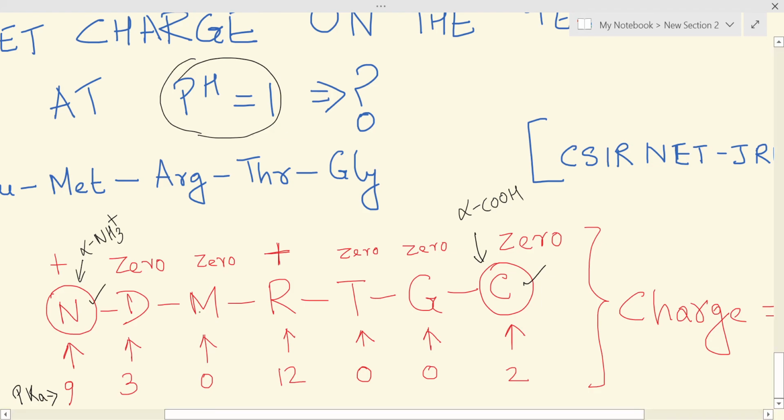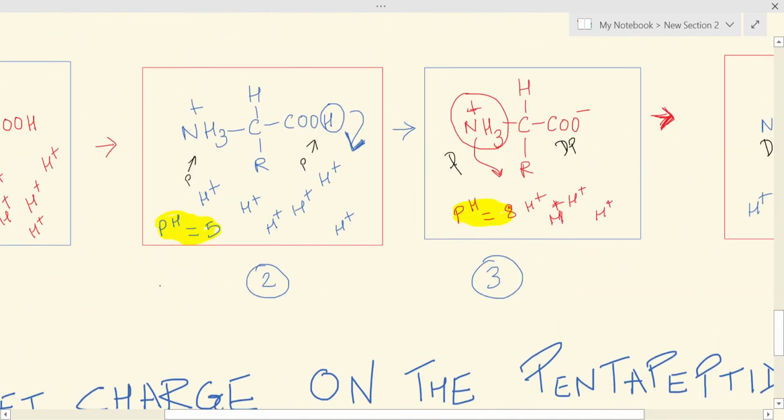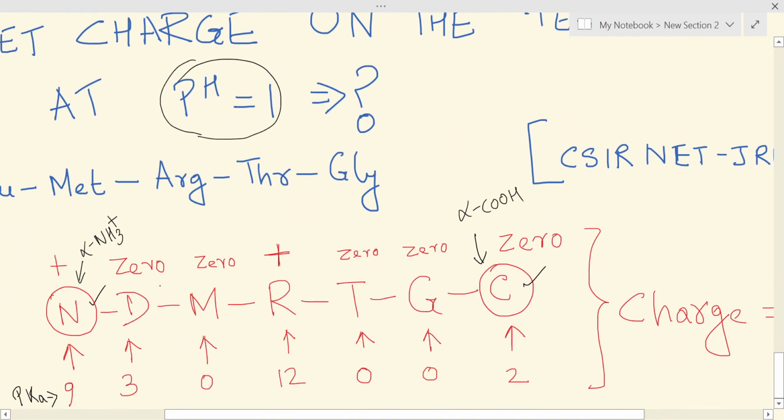Now I have told you that when the pH is less and the pKa value is more, for an acidic amino acid, protonation will happen, and an acidic amino acid, when it is protonated, will have 0 charge. So aspartic acid is having 0 charge because the pKa value is more than pH, or we can say pH is lesser than the pKa value.